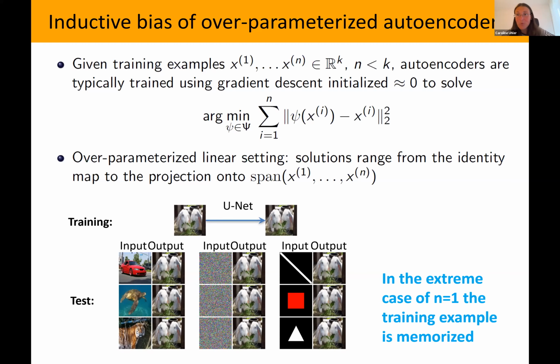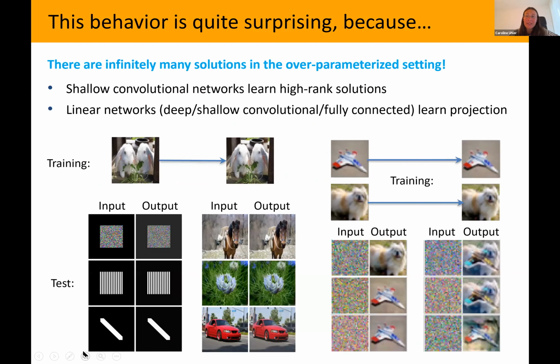It didn't learn a rank 1 solution, because then it would have the negative of the rabbit as well. In fact, if you use a linear network, it will also learn the negative of the rabbit. So this is much more extreme. It actually learned the point map onto the training example itself. That's interesting, and quite surprising because there are many different solutions that could be learned.